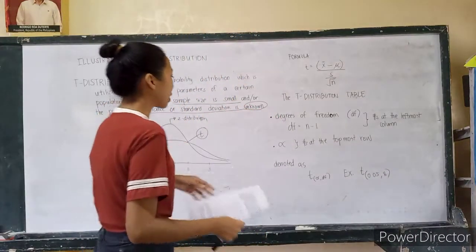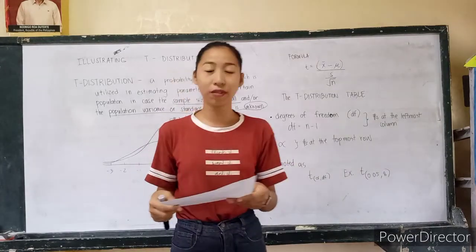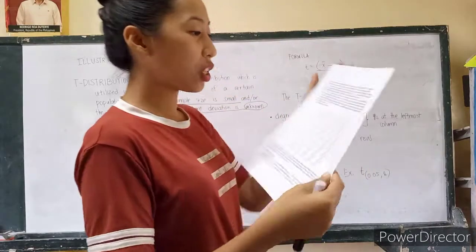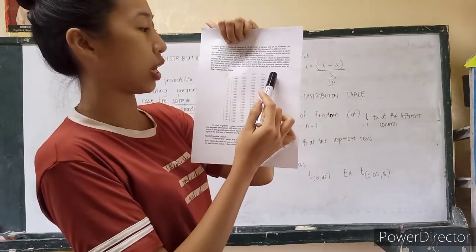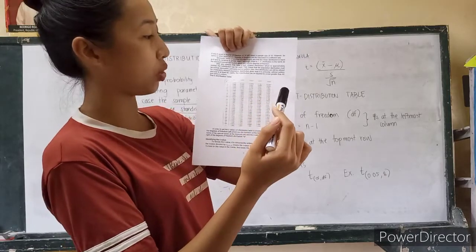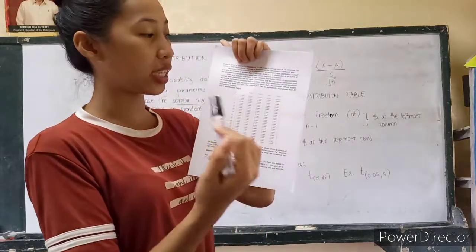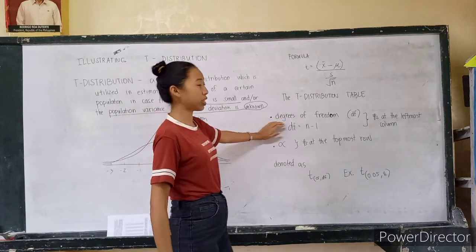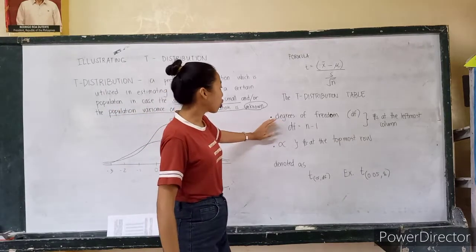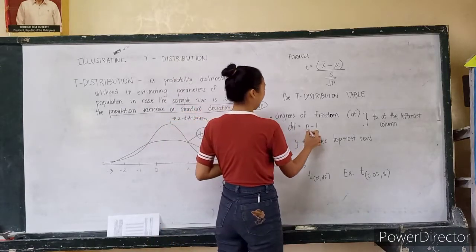Whereas your alpha is found in the first, topmost row, where there are 0.1, 0.05, 0.025, 0.01 and 0.005. So how do you get your degrees of freedom? The degrees of freedom, or DF, you can get using the sample size.